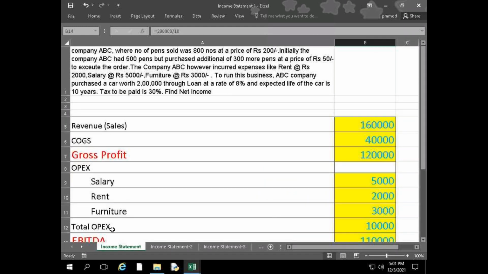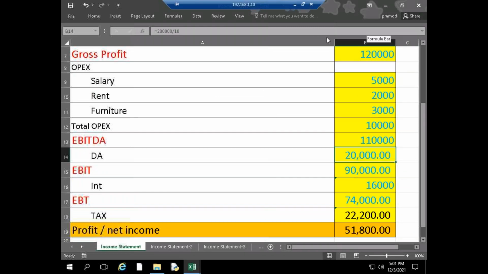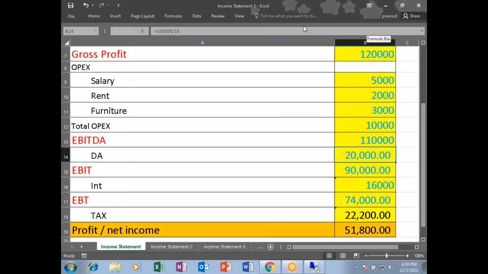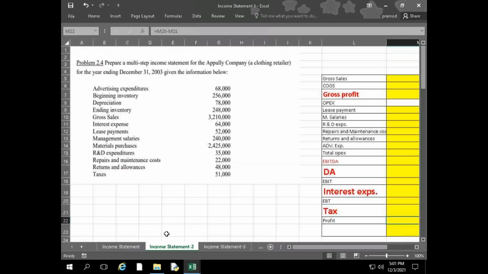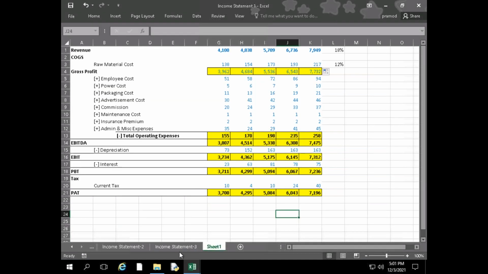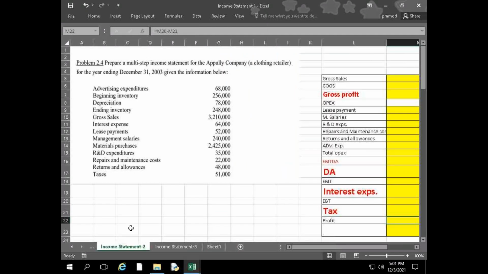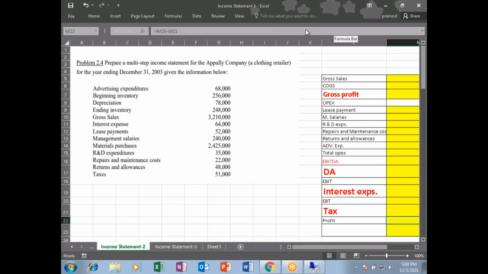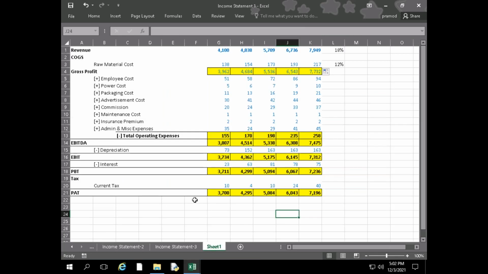Which one? This one? So this is not correct.